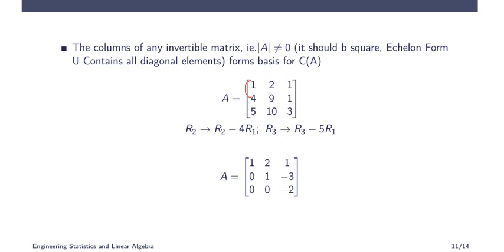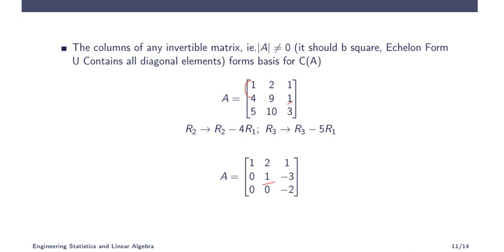The first row is written as such. 4 minus 4 is 0, 9 minus 8 is 1, and 1 minus 4 is minus 3. And the next operation is R3 becomes R3 minus 5 R1, so 5 minus 5 will be 0, 10 minus 10 will be 0, and 3 minus 5 times 1, that is 3 minus 5, will be minus 2.